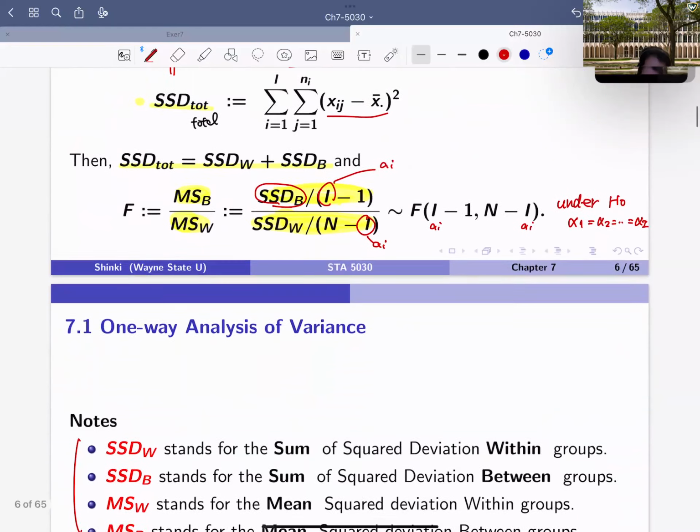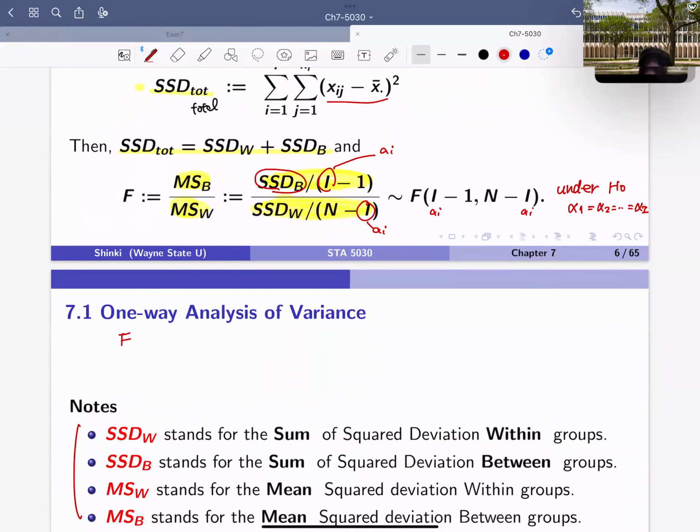If F is large, that is, the deviation between groups is relatively larger, or MSB is relatively larger. That means the variability between groups is larger.